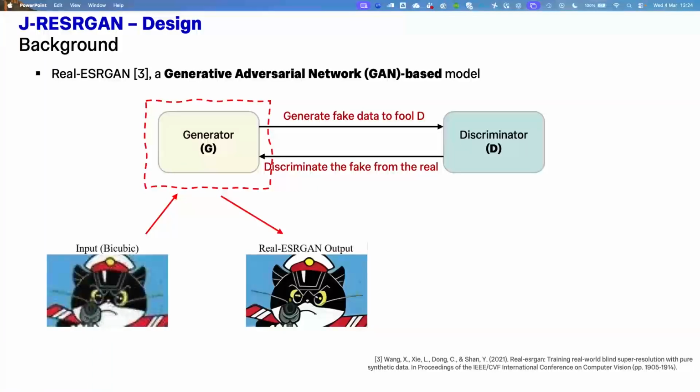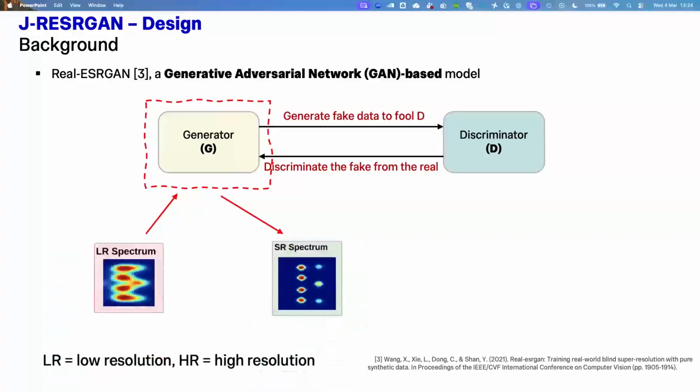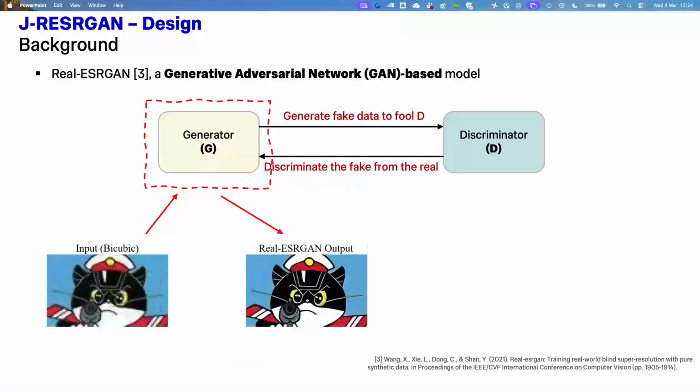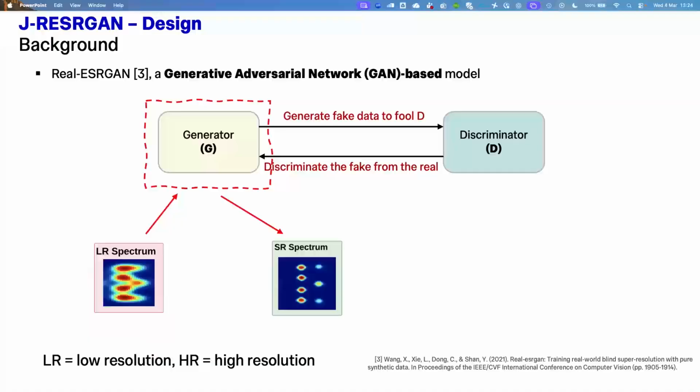So what we want to do in our NMR metabolomics application is replace those images by NMR spectra. So this is a small part of that two-dimensional map that I showed you before from the NMR spectrum. This is what we're calling our low resolution spectrum, LR, and it will produce a so-called super resolution spectrum, so the predicted higher resolution spectrum from this trained generator.